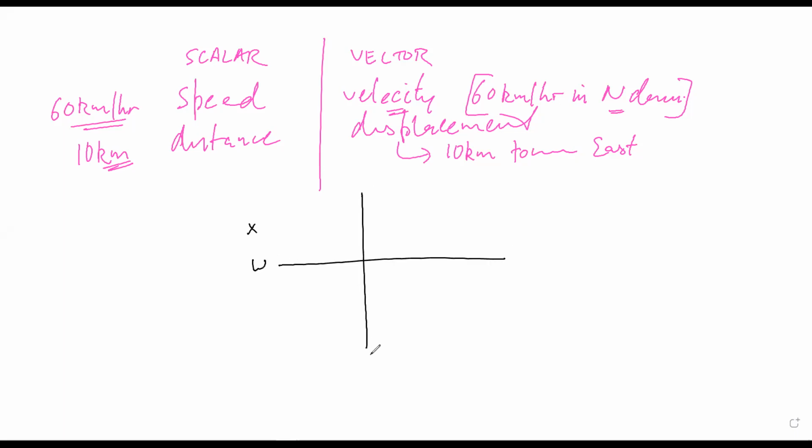Let us assume that you start from here. Now you go 5 kilometers towards this side, and then you turn back, and on the same straight line you go back 5 kilometers. Have you understood, Chris? Yes, sir. Now the funny situation is that the distance traveled is 10 kilometers, but the displacement is zero. Have you understood?